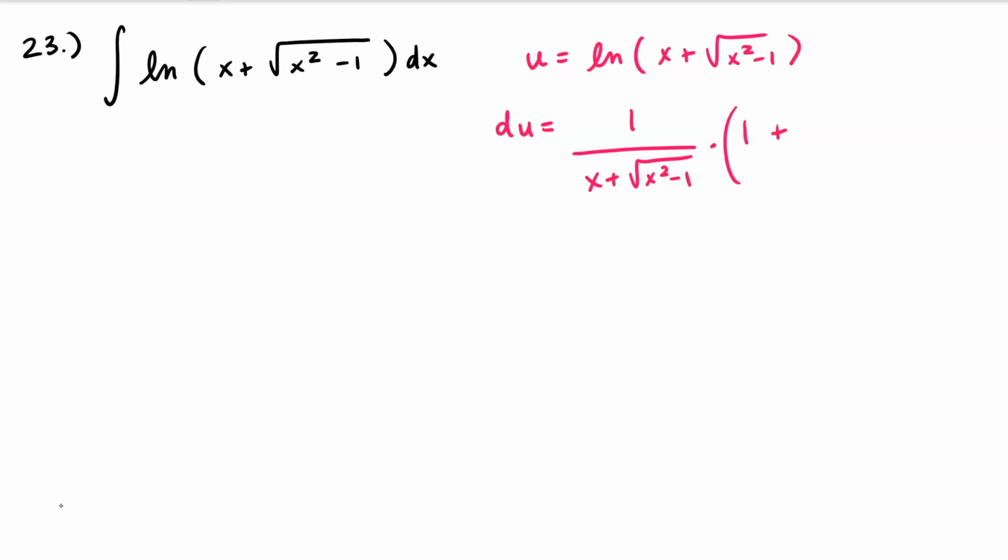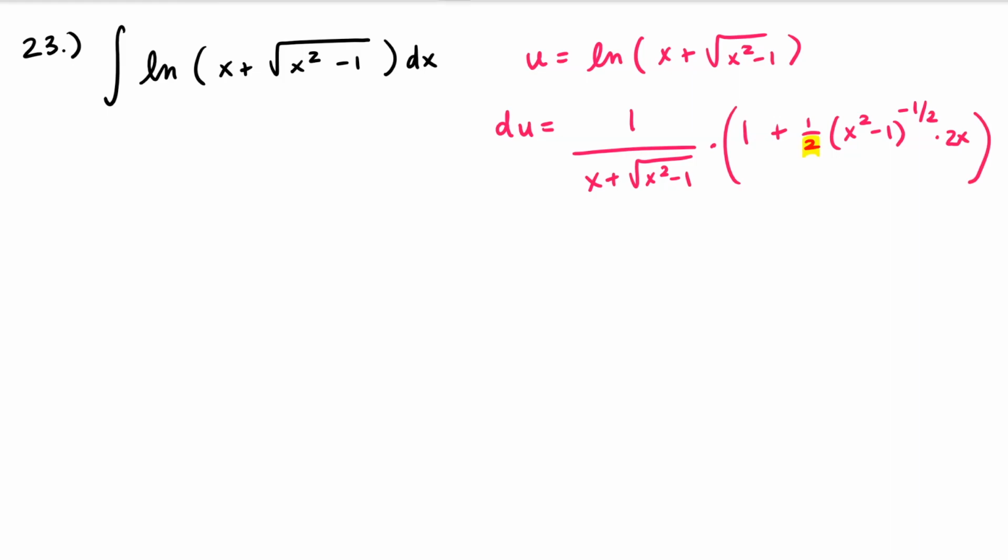plus, then we have 1/2 x squared minus 1 to the negative 1/2 power, and then I also need to multiply that by the derivative of the inner function, which the derivative of x squared minus 1 would be 2x.